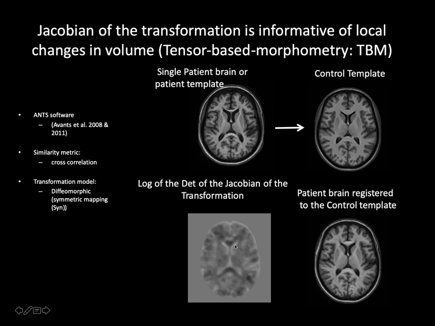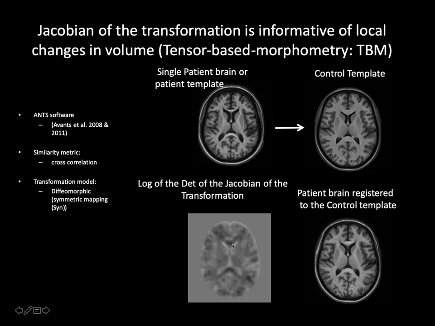When you see dark, it means that we have a negative value of the logarithm of the determinant of the Jacobian. So it means that in the patients, we have a smaller structure than in the controls. And in fact, we see here that the corpus callosum was very thin. To morph it into a normal corpus callosum, we have a negative determinant of the Jacobian, right?